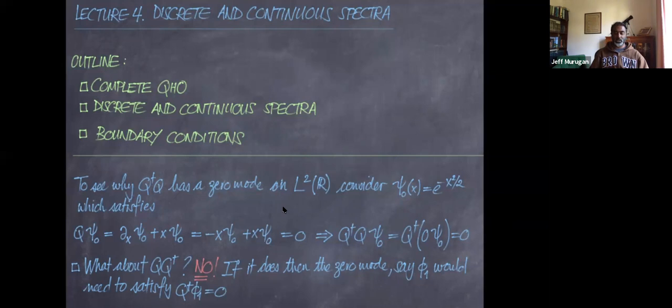Using the same argument that we just gave for Q dagger Q, right?